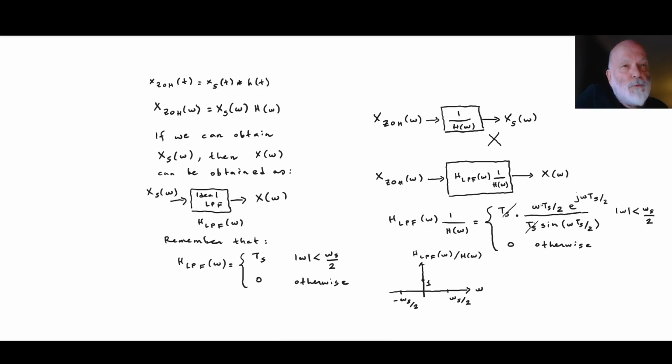So pi over 2 is greater than 1. So the magnitude of the frequency response will have such a characteristic. So this value here is pi over 2.